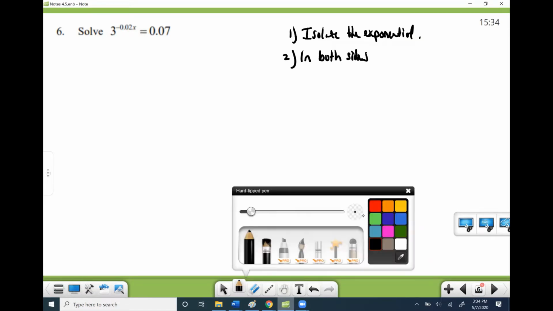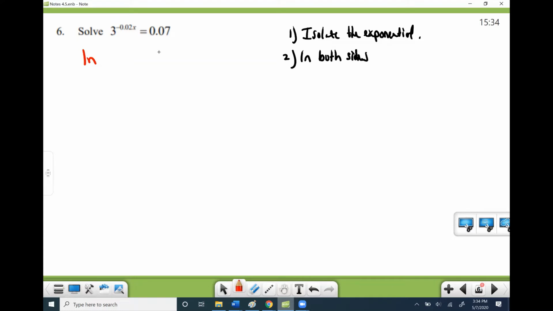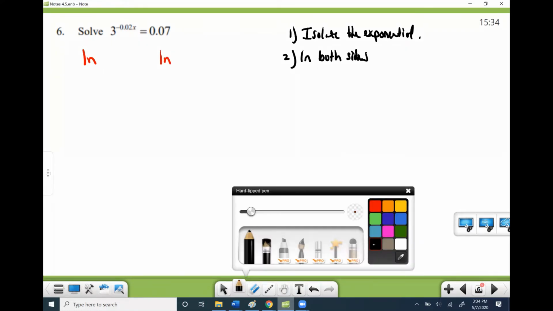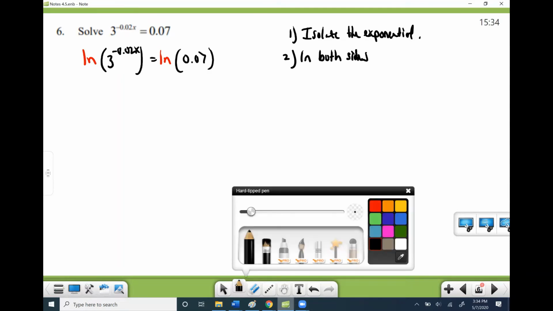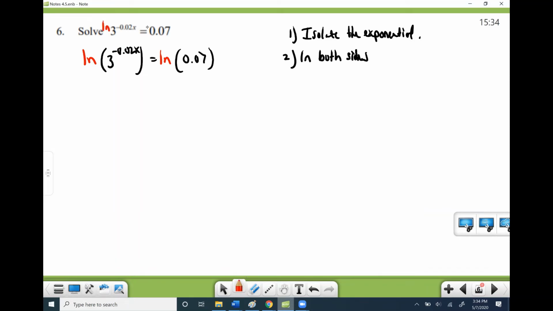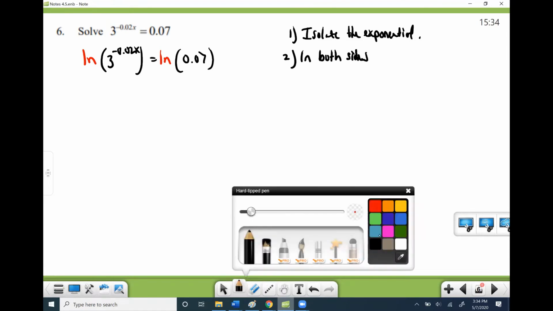So I'm going to do a natural log of this side and a natural log of that side. I just didn't feel like I could squeeze it in right here, you guys. It's a little tight, so I just wrote another line. That's what we're doing. We're just natural logging both sides.